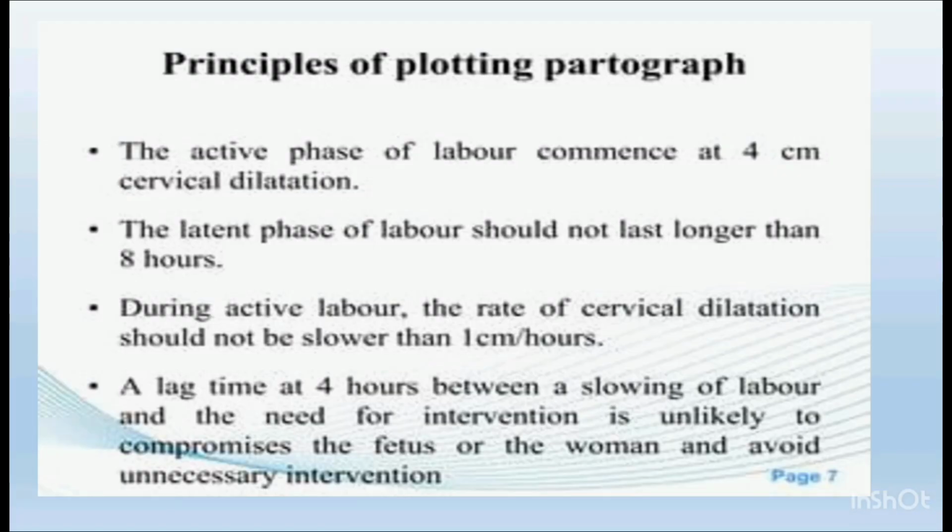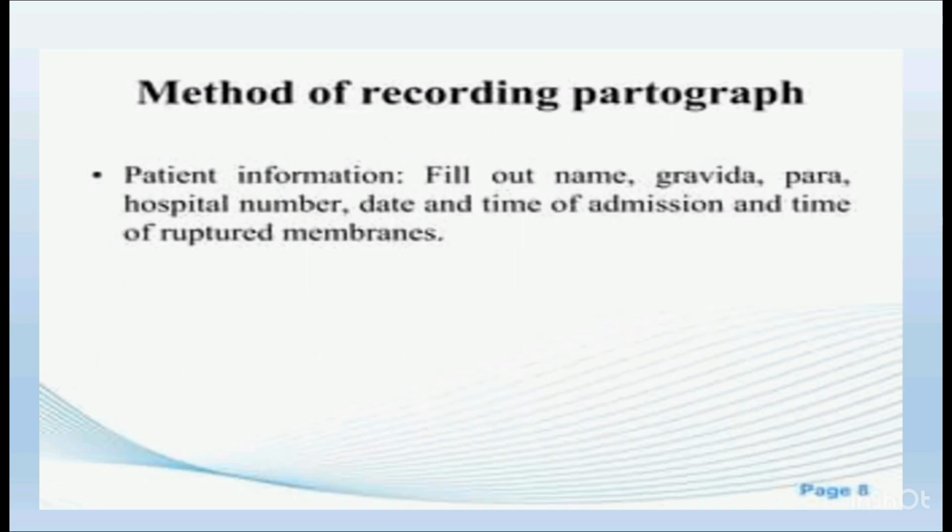If the cervical dilatation is 1 centimeter per hour, that is okay for further labor. A lag time of 4 hours between a slowing of labor and the need for intervention is unlikely to compromise the fetus or the woman and avoids unnecessary intervention.